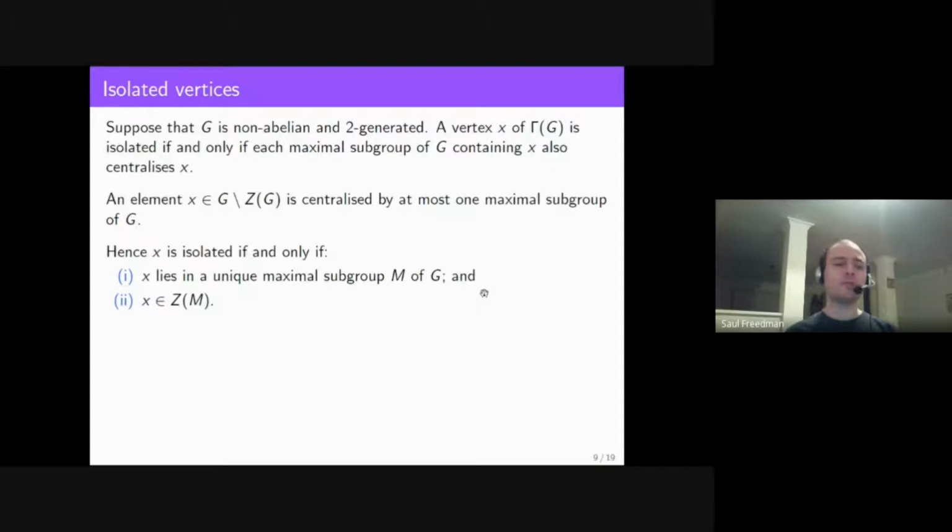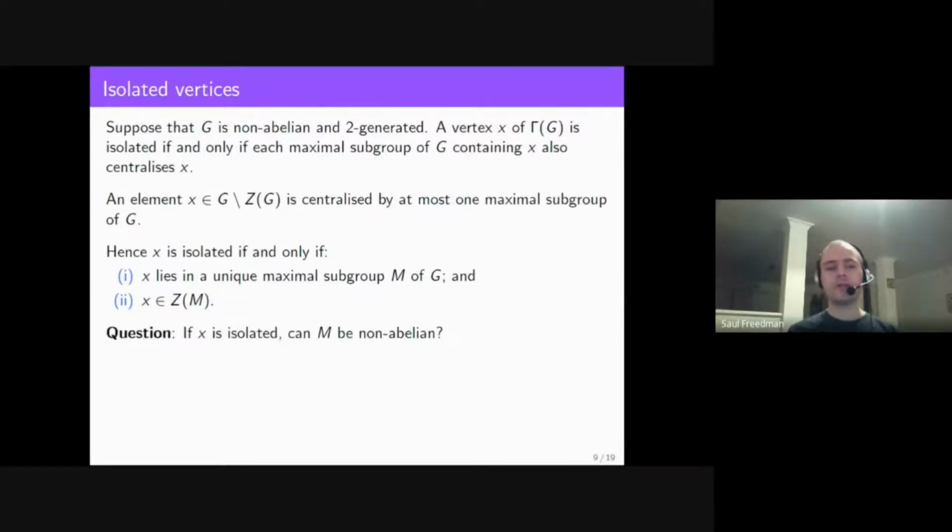If 1 holds but 2 does not, then X is not central in M, and so of course X is not isolated. And if 1 does not hold, then X lies in at least 2 maximal subgroups. It's central in at most 1, and so it's non-central in at least 1, and so again X is not isolated.